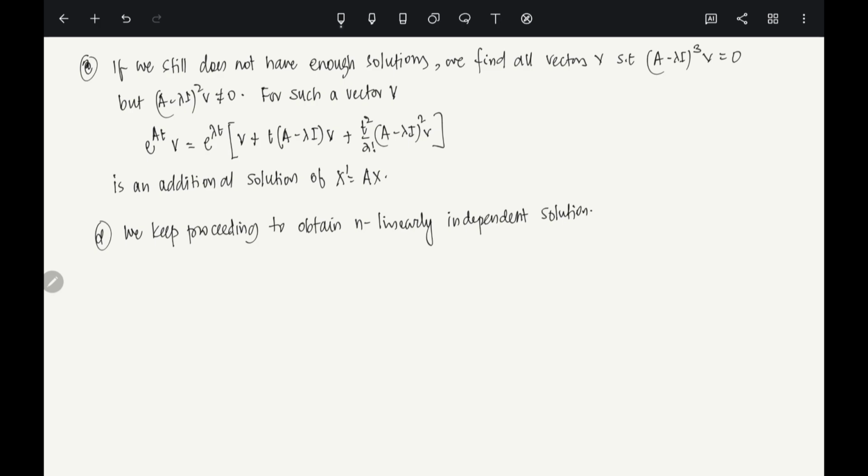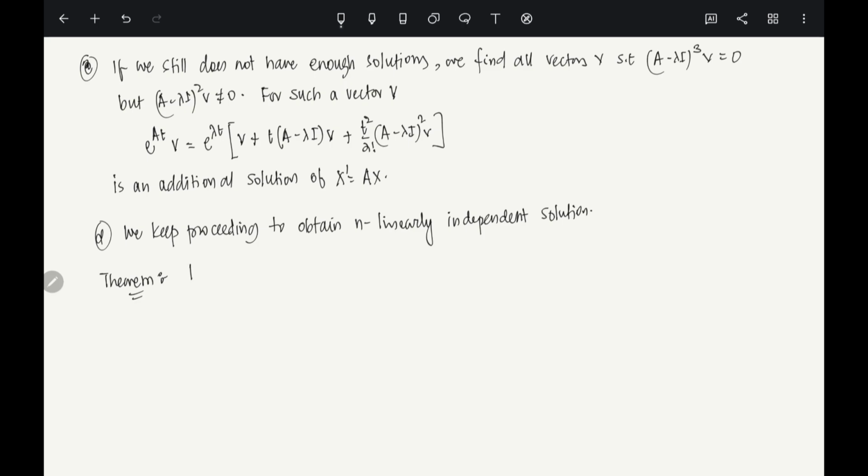So for that there is a theorem in linear algebra. I will not be doing the proof of the theorem, but I will just write down the theorem, and you can find it in any standard linear algebra book, for example Lang. So what does it say?